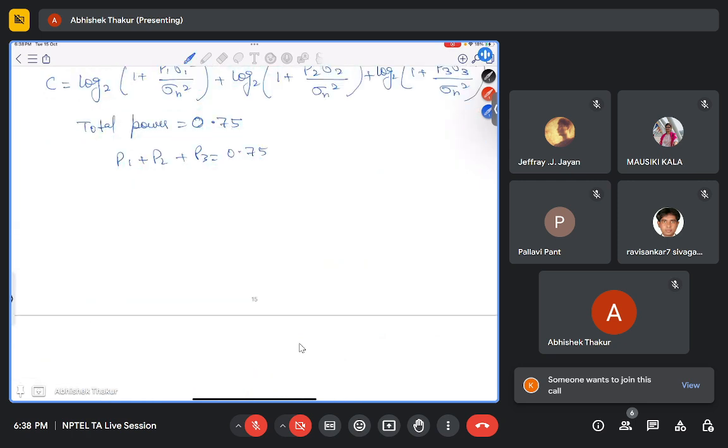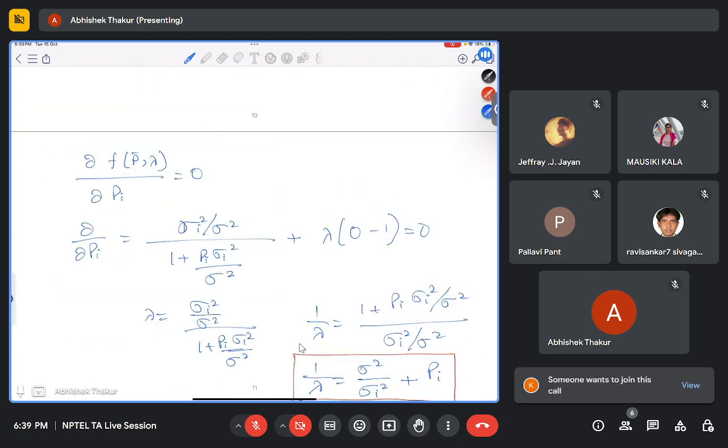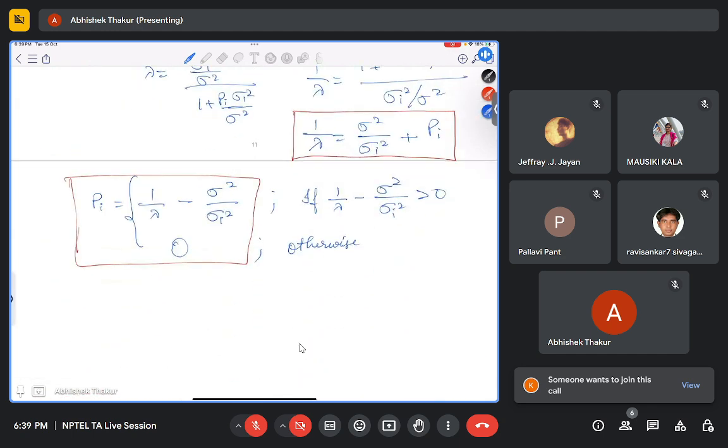So here our P1 is equal to 1 by lambda minus 1 by 26, plus P2 is equal to 1 by lambda minus 2 by 13, plus P3 is 1 by lambda minus 1 by 2.